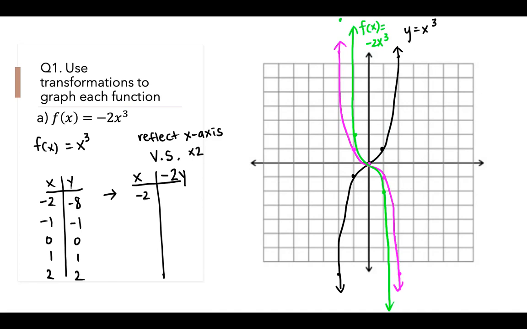So x stays the same, and I'm going to apply -2y to each y value. So it becomes 16, 2, 0, -2, and -16. You can double check: (0, 0), (1, -2) for the green one, and then it will be double of 8, which is -16. So the mapping rule is an exact way of identifying the transformed function.